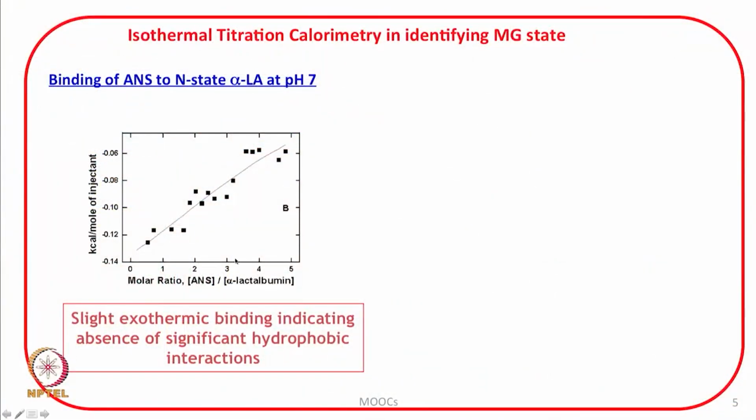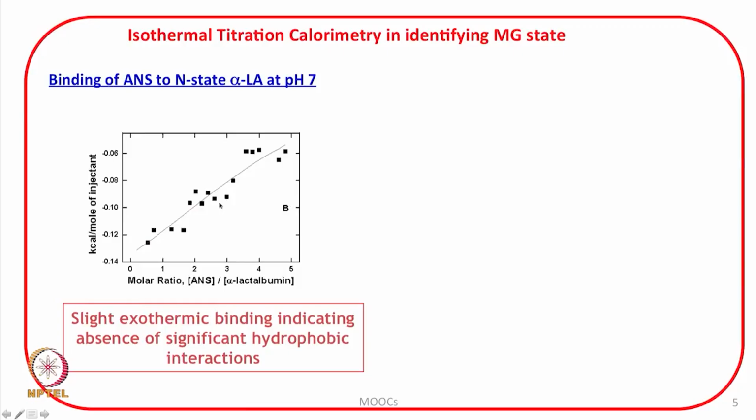This figure from literature suggests that the binding of ANS with the native state of alpha lactalbumin at pH 7 is very weak. Earlier I have discussed what kind of shape represents weak binding, what kind of shape represents strong binding.